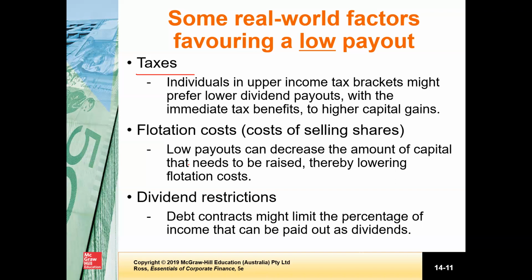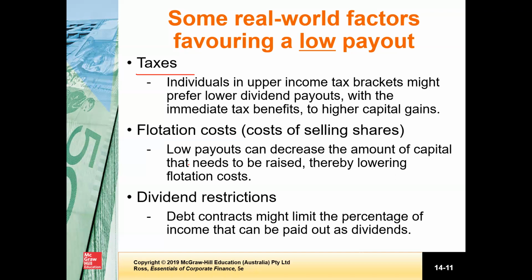Also, the tax is on the capital gains amount, but not the total sales amount. So capital gains tax is on the gain, not on the total sales amount. This tax is not paid until the shares are sold, which, because of the time value of money, further reduces the effective tax rate on capital gains.